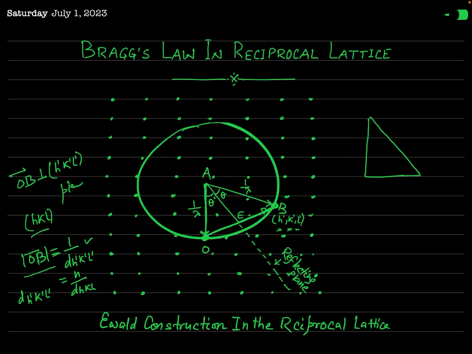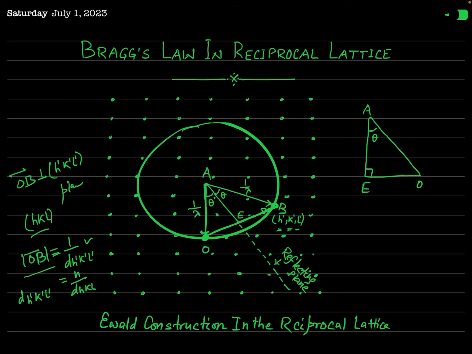Let us say this point is A, this point is E, and this is your point O. This angle is 90 degrees, and this angle is theta.